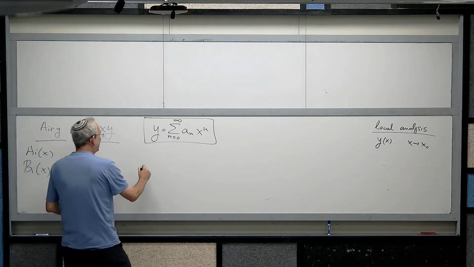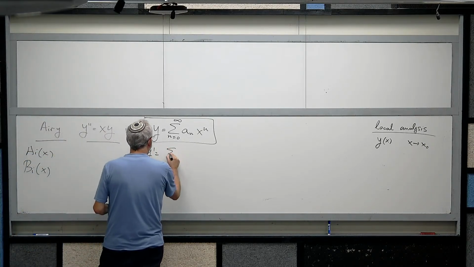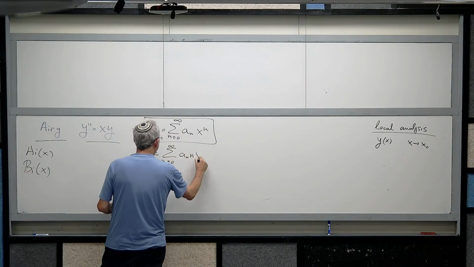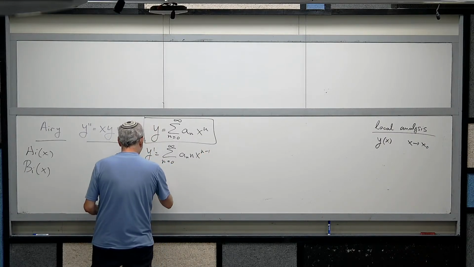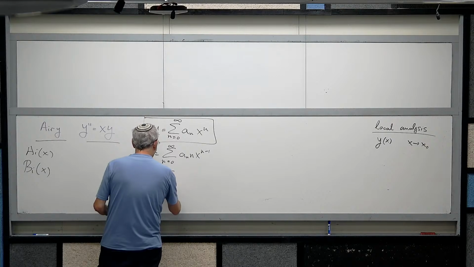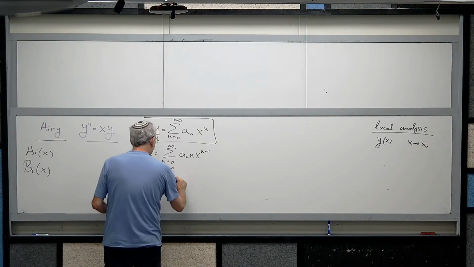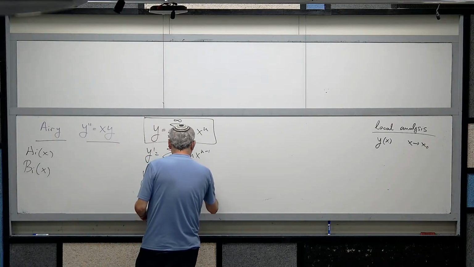So if this is y, then y prime is a sum from n equals 0 to infinity of a n n x to the n minus 1, and y double prime is a sum from n equals 0 to infinity of a n n (n minus 1) x to the n minus 2.